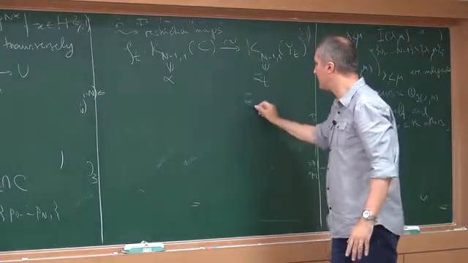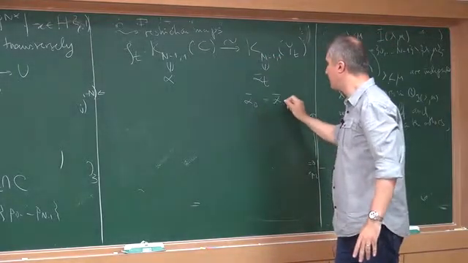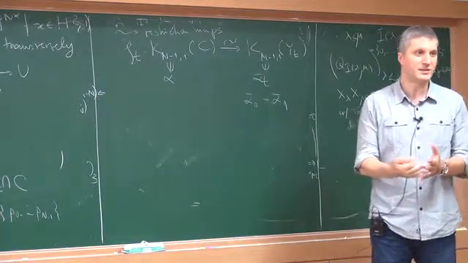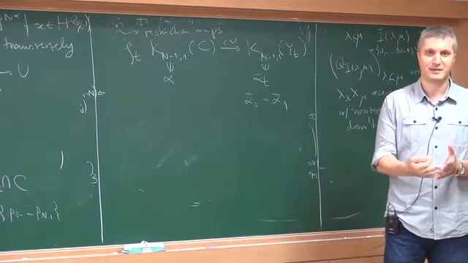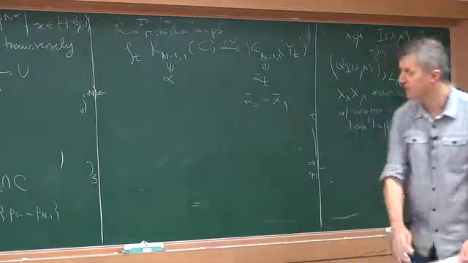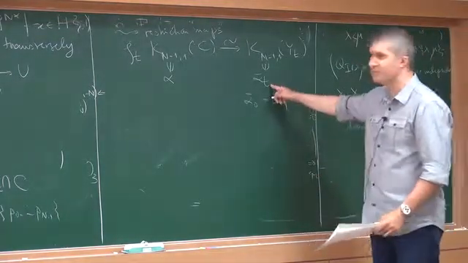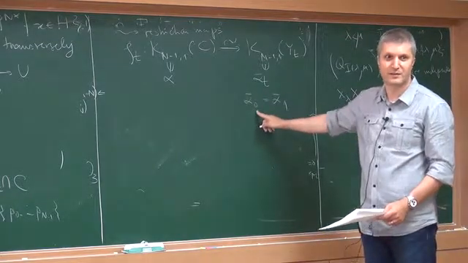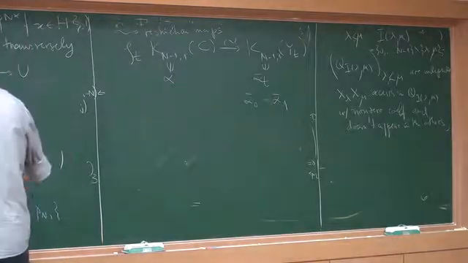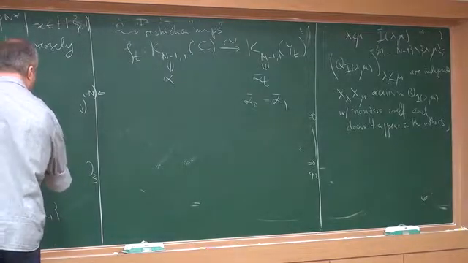Alpha bar_0 will be alpha bar_1, because it's nothing but the restriction. It's for time t equals 0, and this is time t equals 1. So this loop of hyperplanes, t is in [0,1]. Yes.